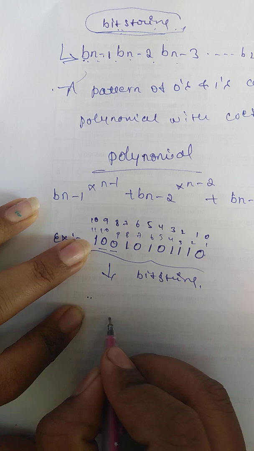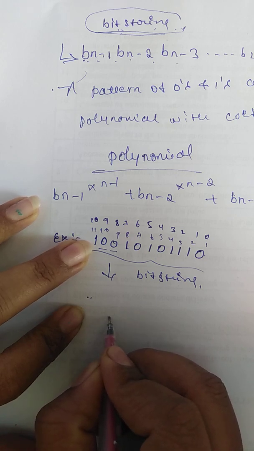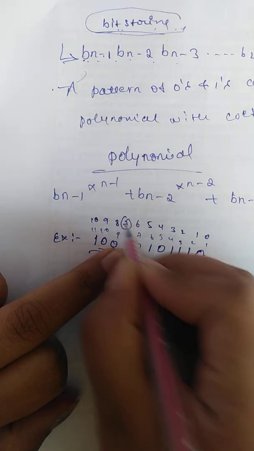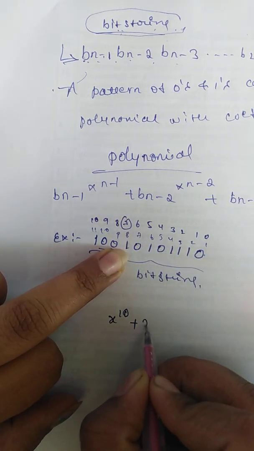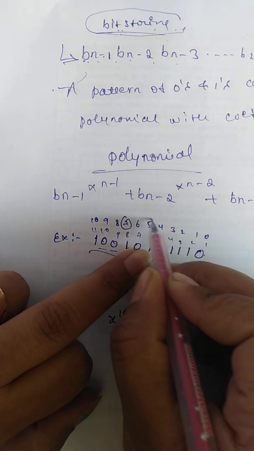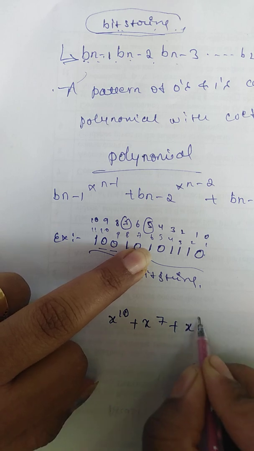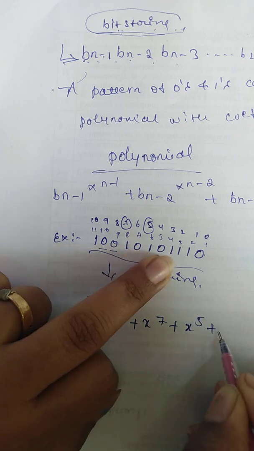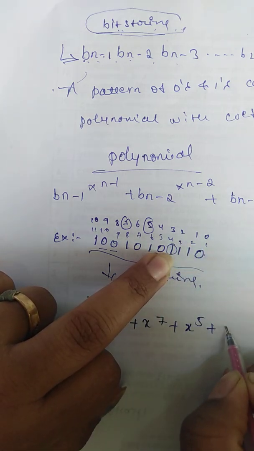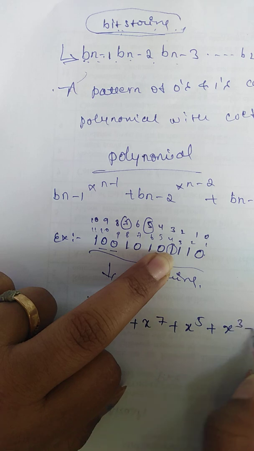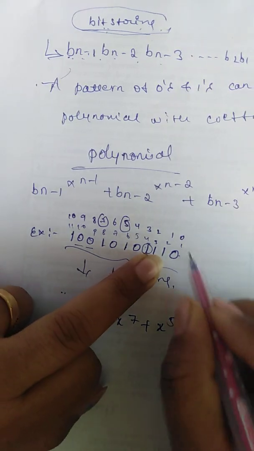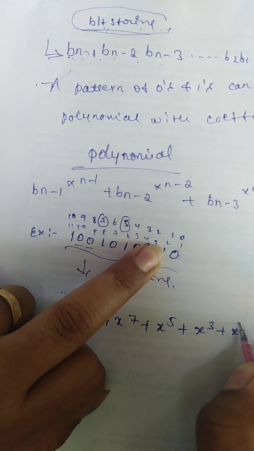Here a 1 is there, so this is x to the power of 10. Then at the 7th place we got a 1, so x to the power of 7. Here we got a 1 at place 5, x to the power of 5. Then x to the power of 3. Here we got a 1, so x to the power of 2.